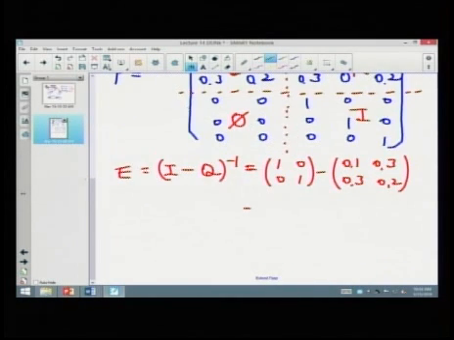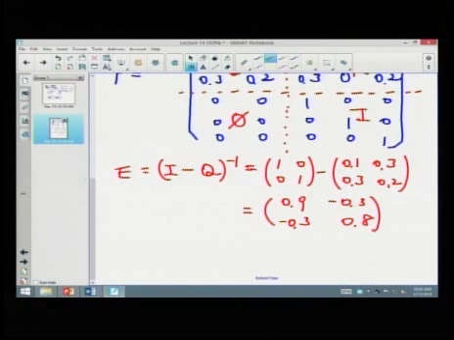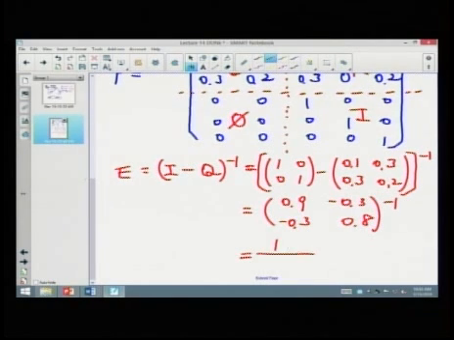So what is this? 0.9 and then negative 0.3, negative 0.3, and then 0.8. And then the inverse of that. It's going to be 1 over AD minus BC.